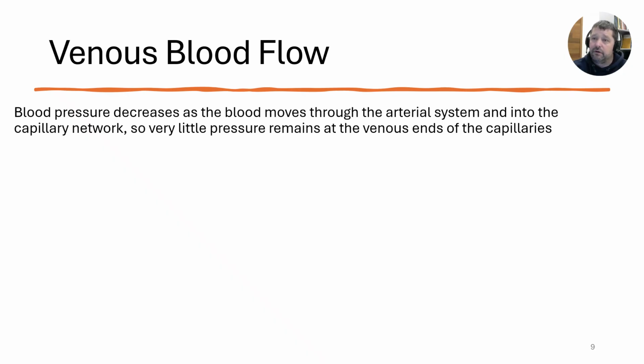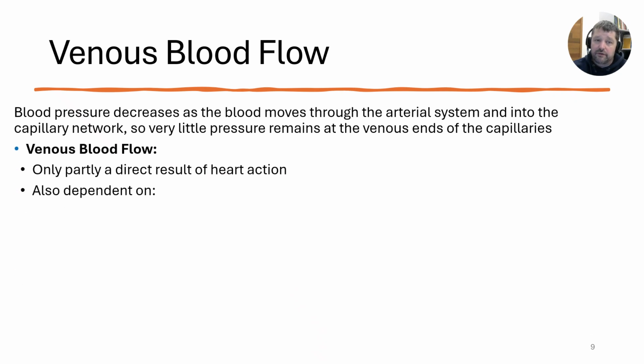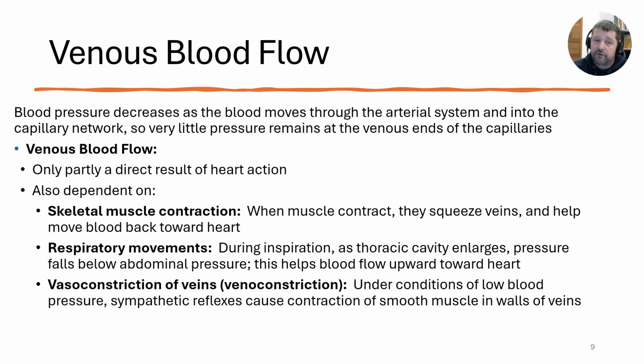So how do we get it back? Well, in part, we get it back by a few different things. First, skeletal muscle contraction will squeeze the blood back towards the heart.